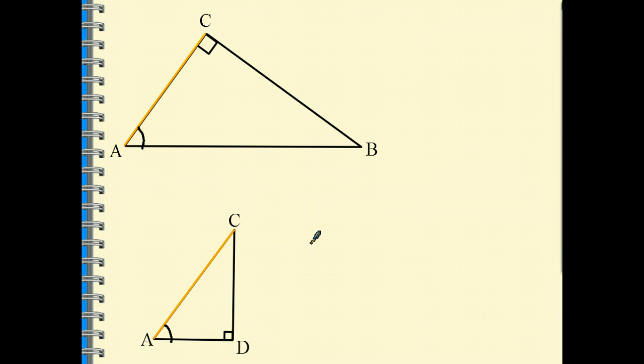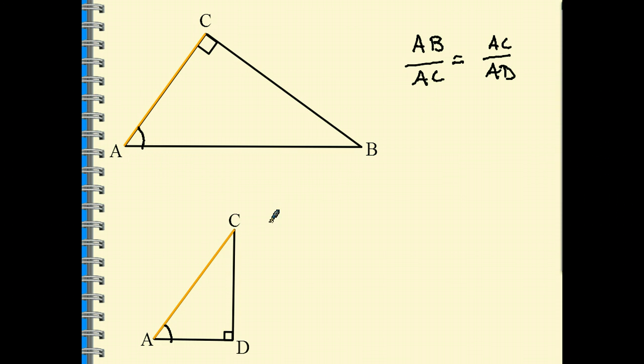But what's more important than the fact that they're similar is the relationship that comes about by setting up the similarity. So if we look at what sides are proportional, we can see that AB over AC is equal to AC over AD. Now let's see that that makes sense. AB, the hypotenuse of the big one, over AC, the hypotenuse of the small one.